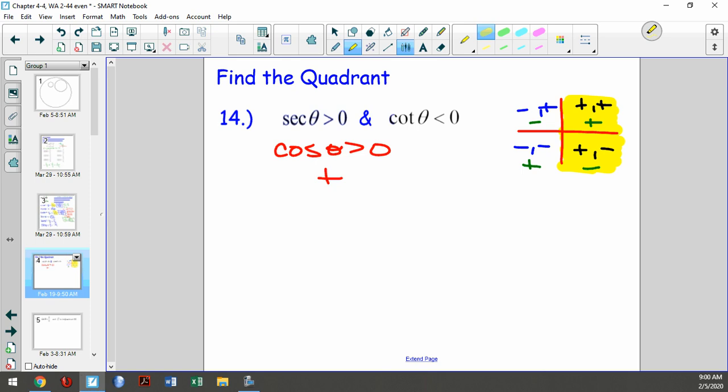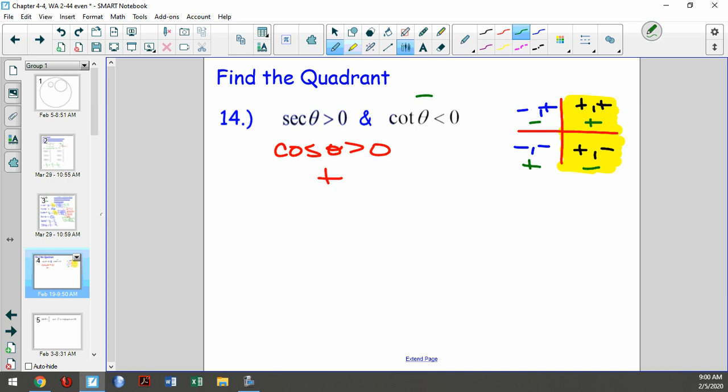So now let's keep reading. The next part says that your cotangent is going to be less than 0. Is that positive or is that negative? That means it's going to be negative. All right, well, of the 2 quadrants that are highlighted, quadrant 1 and 4, which of those has a tangent or cotangent being negative? 4.